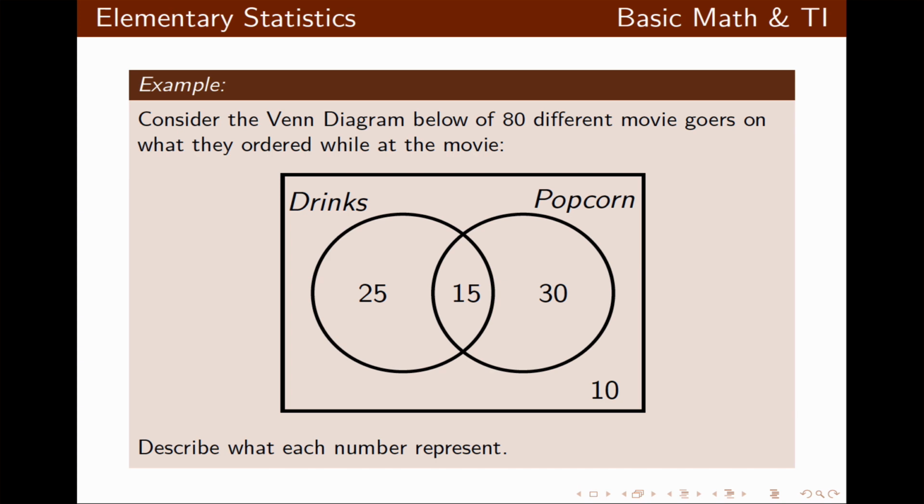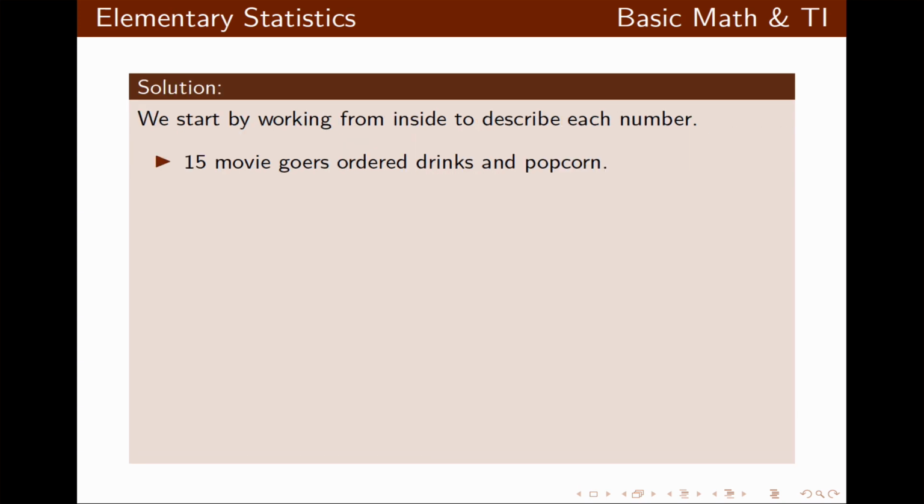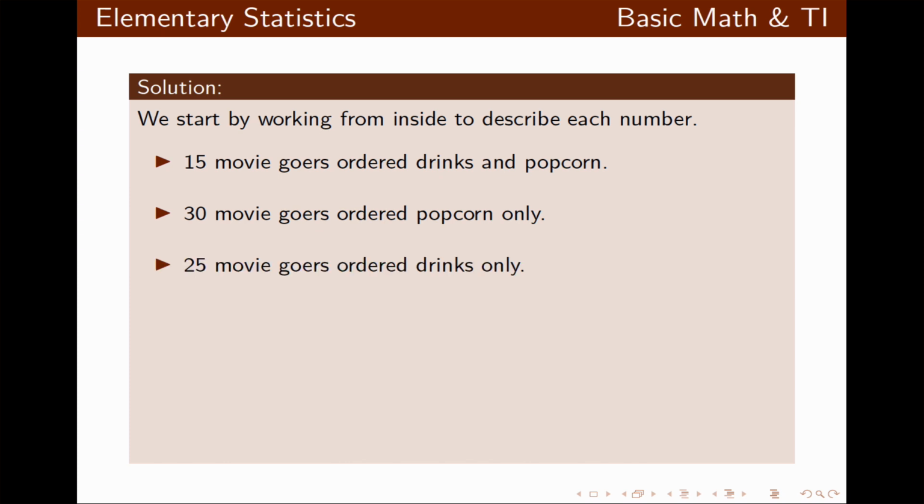So we want to describe what each number represents. So 15 moviegoers ordered drinks and popcorn. That was in the overlap. 30 moviegoers ordered popcorn only. 25 ordered drinks only. 10 of them ordered neither drinks nor popcorn.